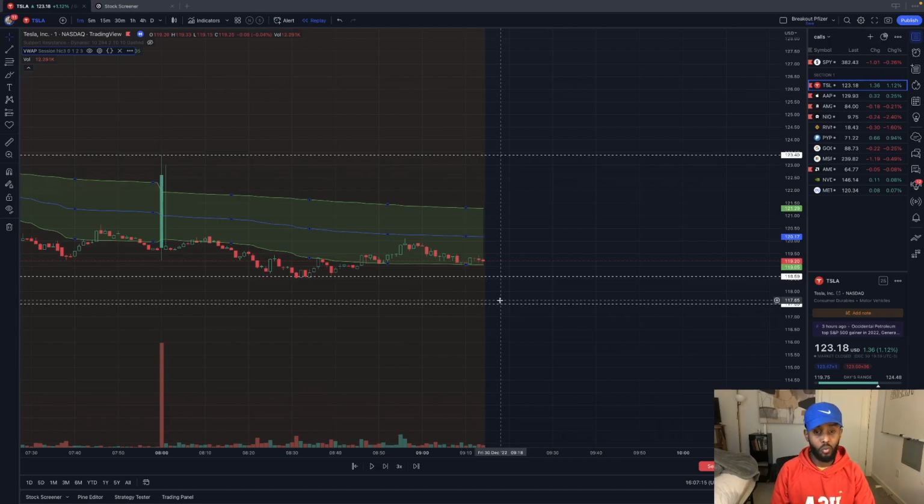So if we want to take a long trade, we have to make sure that our candles and our volume is telling us that the market is going to be going to the upside. And vice versa, if we are looking for puts, we have to make sure that our volume and our candles are telling us that we should expect to go to the downside.